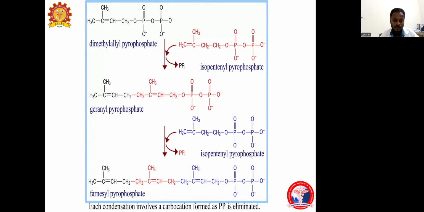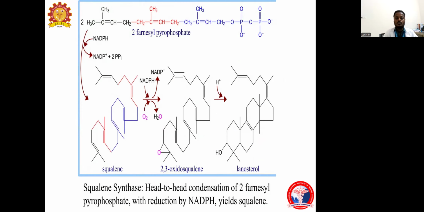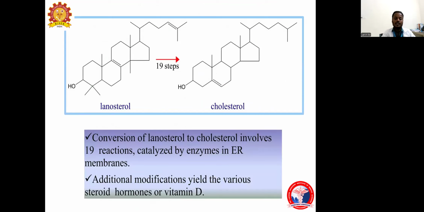Two farnesyl pyrophosphate molecules are then converted to squalene, by reduction with NADPH, and an intermediate, lanosterol, will be formed. Lanosterol undergoes a 19 step reaction to form cholesterol. This conversion of cholesterol involves about 90 reactions, and the enzymes are present in the endoplasmic reticulum membrane. Additional modifications form steroid hormones and vitamin D.